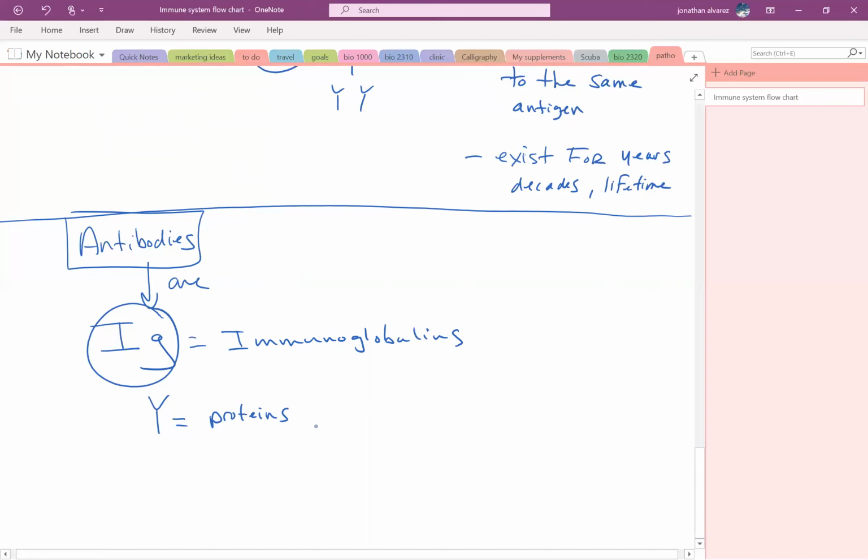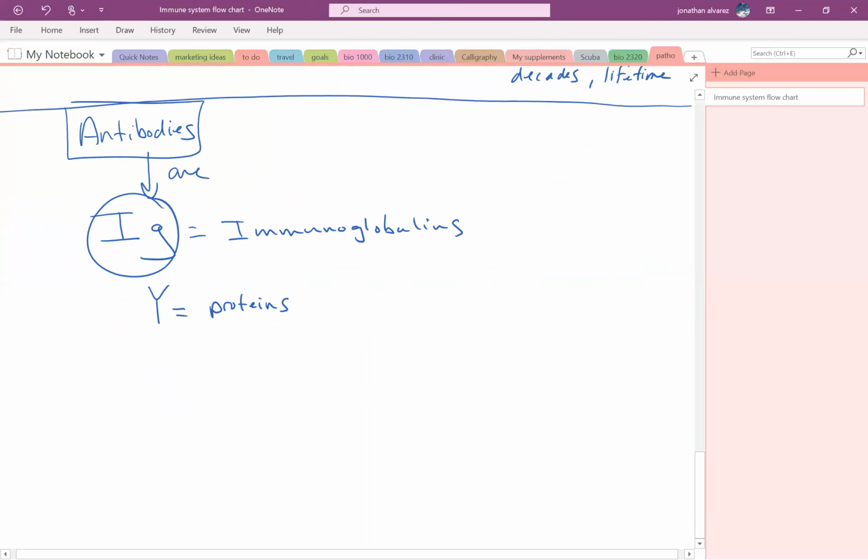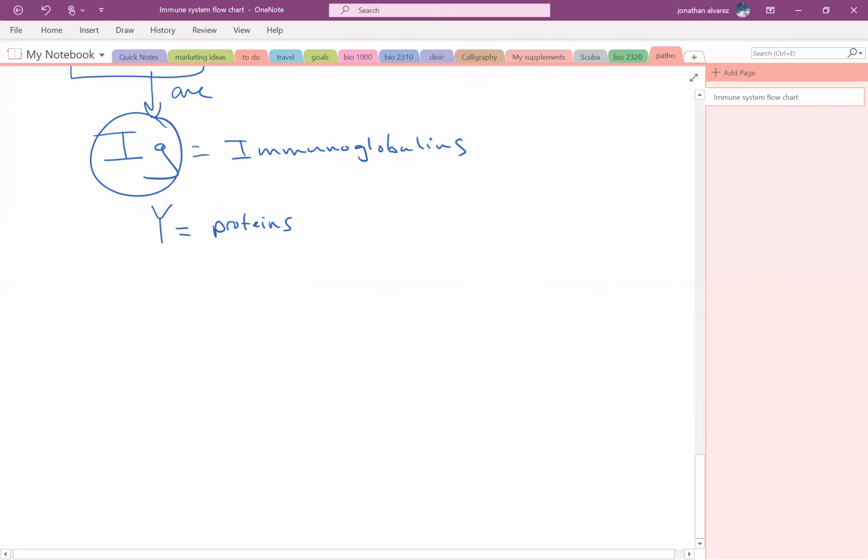They are divided into 5 categories, 5 different parts. Now I'm going to list these from most common to least common.